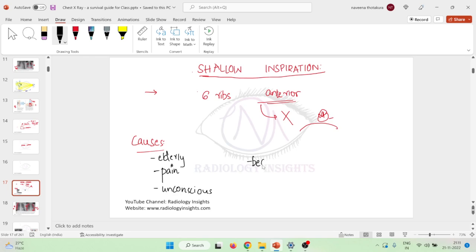And in bedside radiography, why? Because in bedside radiography the patient is in supine position, and in the supine position the patient faces difficulty in taking full inspiration. So in all these conditions, the patient can have shallow inspiration.